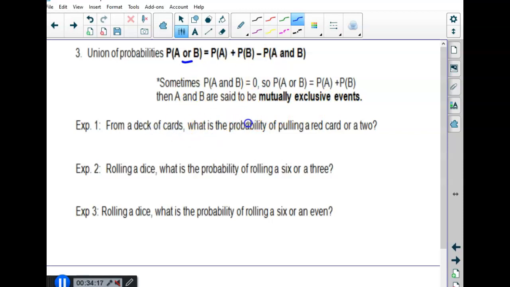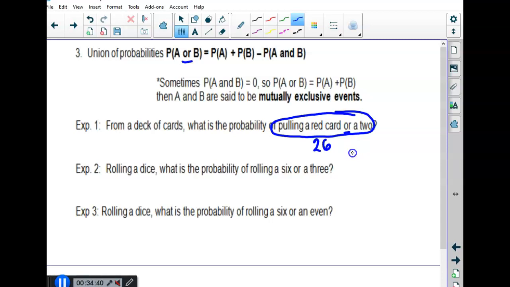It says, from a deck of cards, what is the probability of pulling a red card or a 2? Or means either one is a winner. So I just think about how many total winners there are. How many total red cards did we decide? 26. Now, it says or a 2.